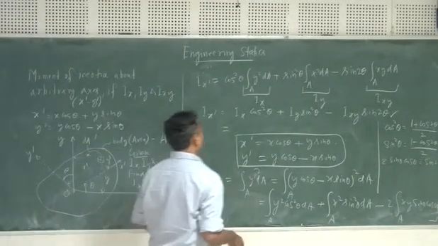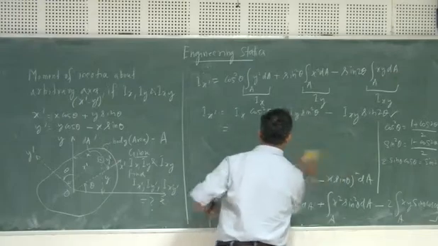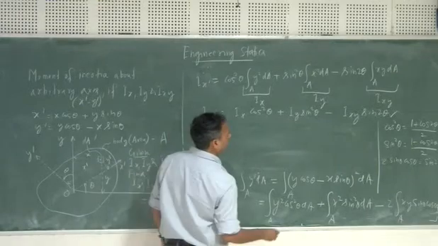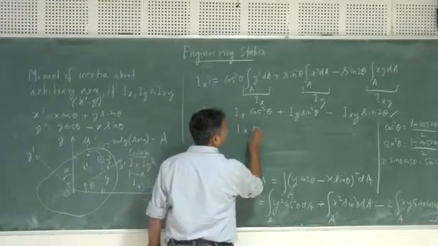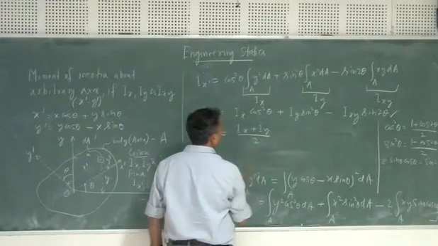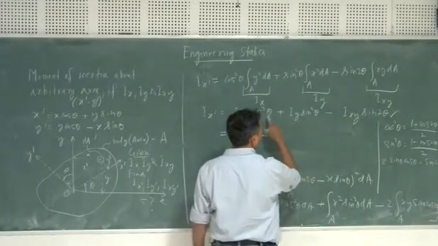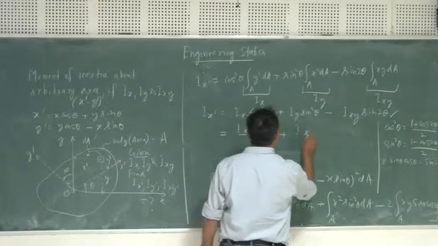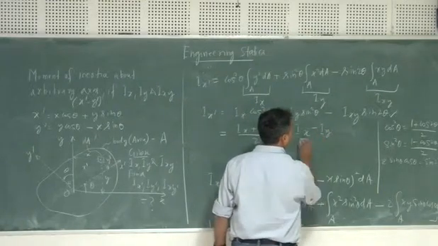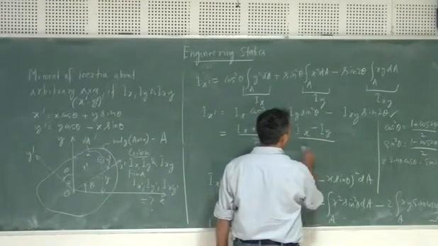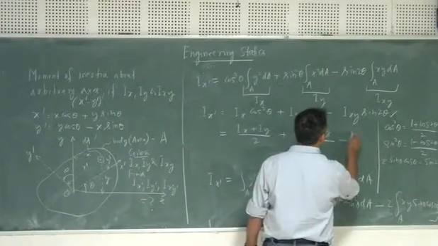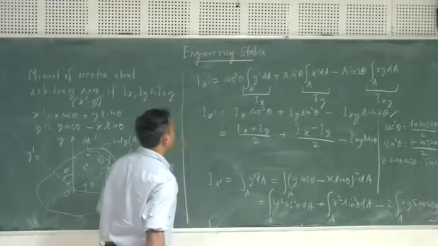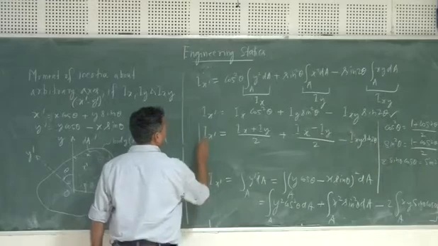So now Ix plus Iy by 2, and you will also get another term, which is Ix minus Iy by 2 times cos 2 theta, minus Ixy sin 2 theta. So this is what will be your Ix dash. Okay.